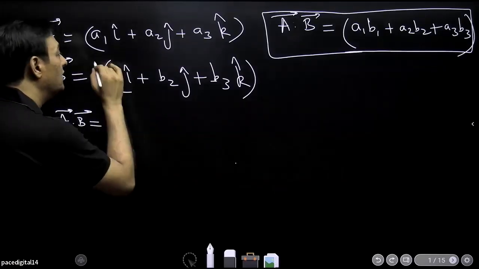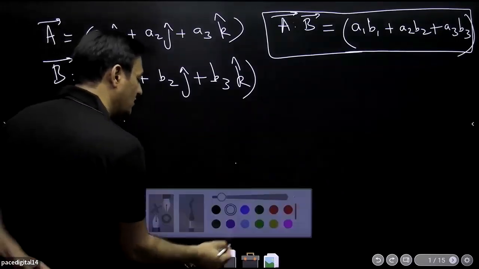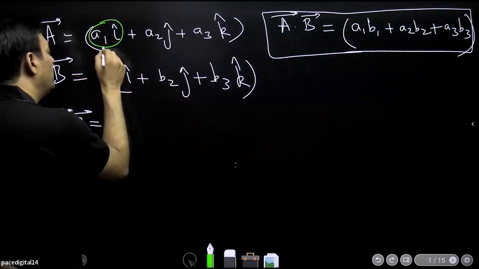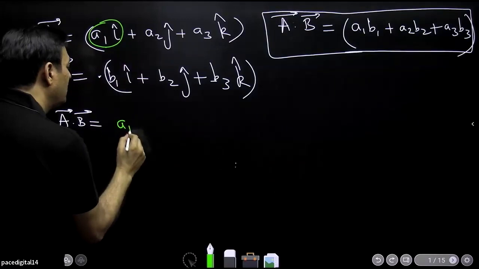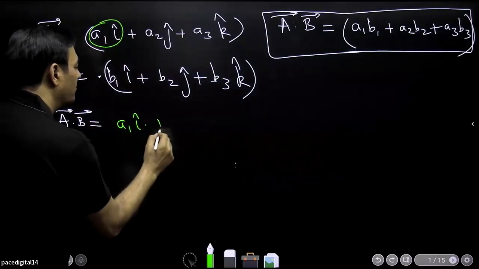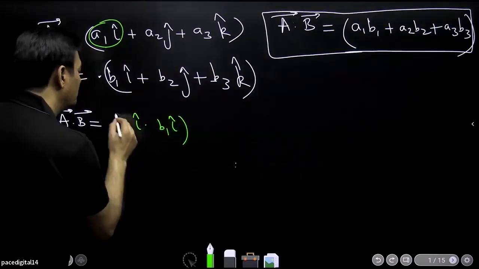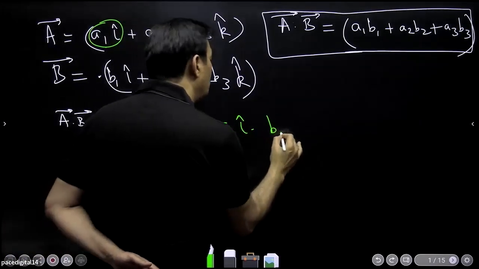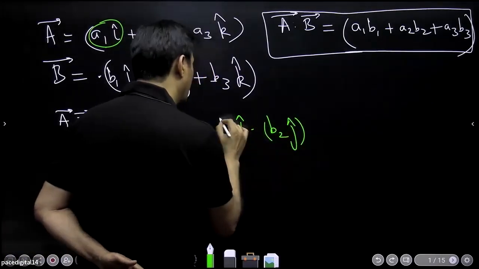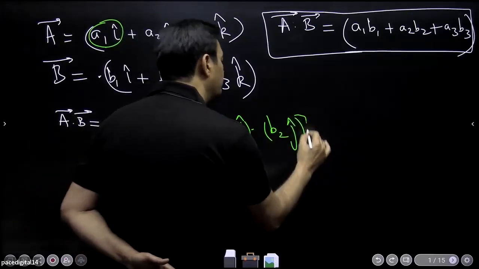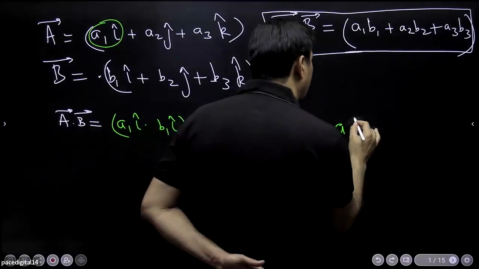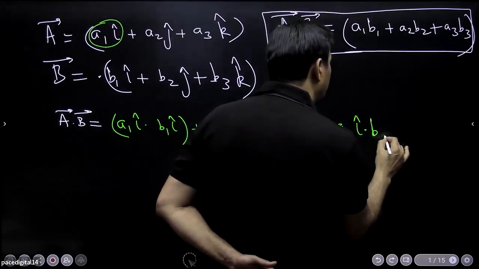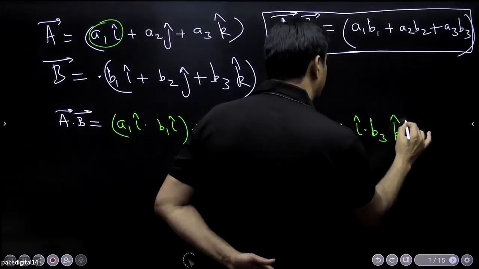So I will have A1 I cap dot B1 I cap, this term, plus A1 I cap dot B2 J cap, this term, plus A1 I cap dot B3 K cap.